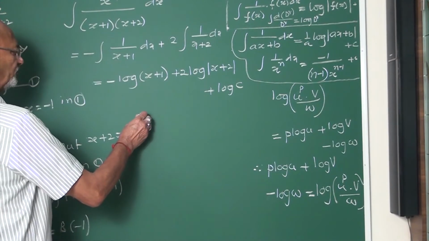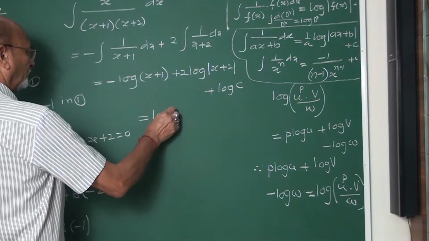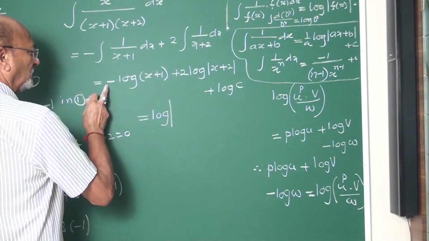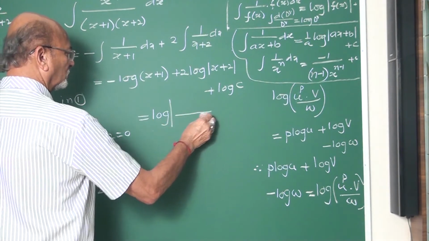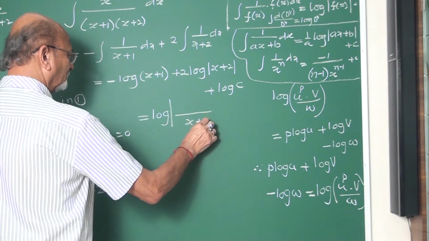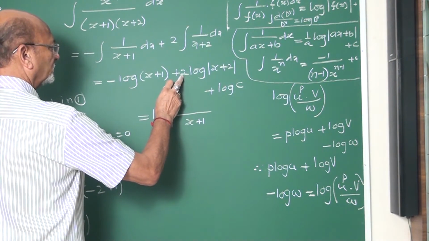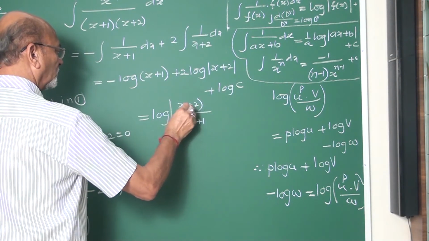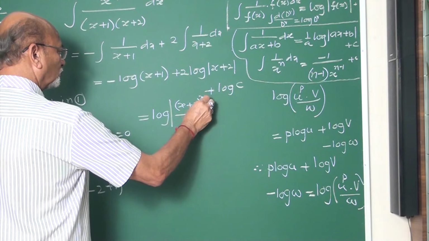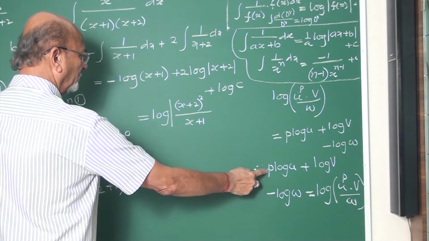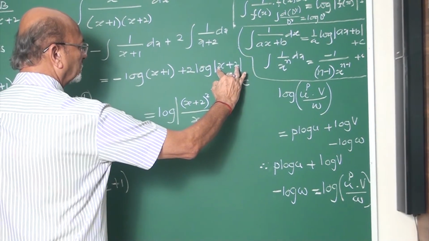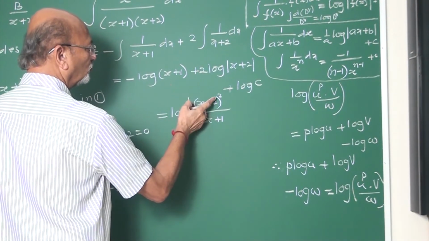Equal to log mod. Minus means it is down. Plus 2 coefficient means x plus 2 the whole square. Hope you understood. See here, p becomes power. 2 becomes the power, what is your u? x plus 2. x plus 2 to the power 2.